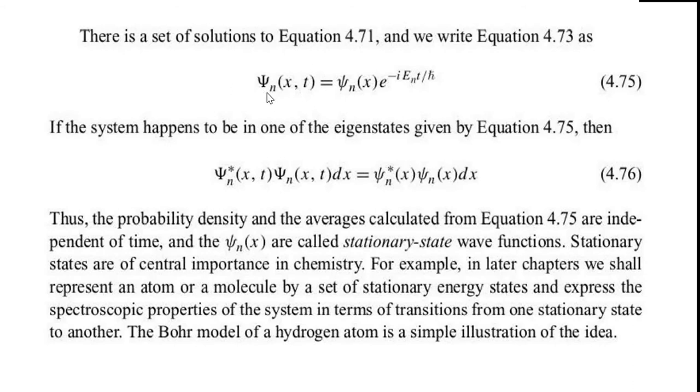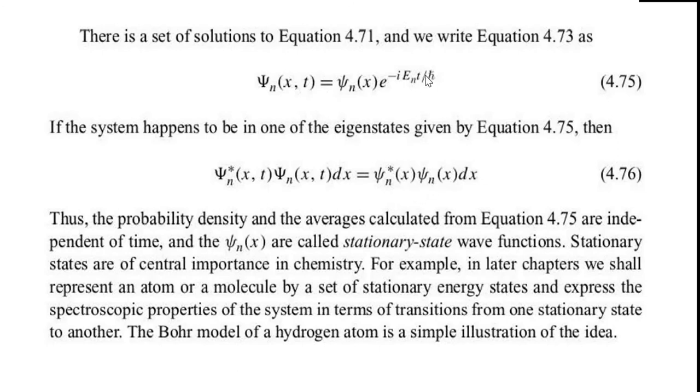So if you take psi n star psi n, on the right hand side this psi n is different from that psi n I mentioned. So let us call this one small psi and the other capital psi.